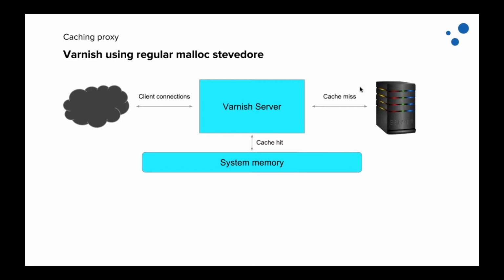So the malloc stevedore is a very simple, straightforward stevedore that just uses system memory. It uses a system memory allocator in order to reserve chunks of buffers to hold the payload data of the objects. And most setups of Varnish will be using this type of malloc stevedore to just set aside a large chunk of system memory and serve cache hits from that memory.